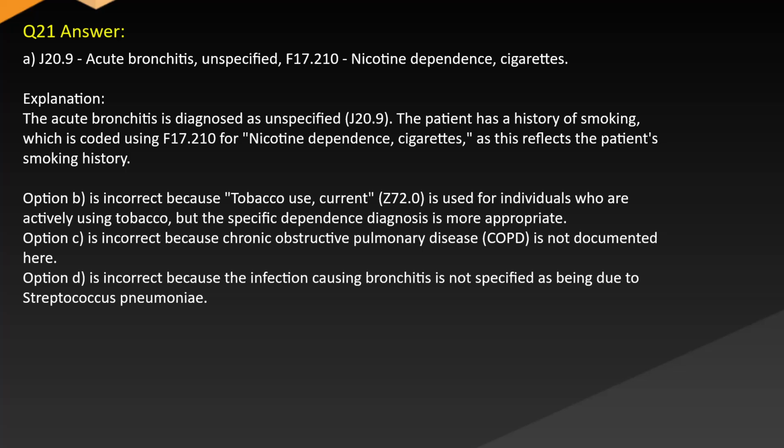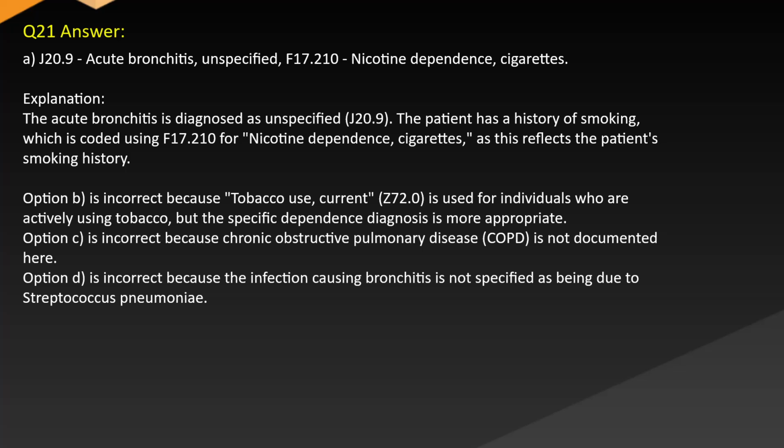Answer A. J20.9, acute bronchitis unspecified, and F17.210, nicotine dependence, cigarettes. Explanation: the acute bronchitis is diagnosed as unspecified, J20.9. The patient has a history of smoking, which is coded using F17.210 for nicotine dependence, cigarettes, as this reflects the patient's smoking history.